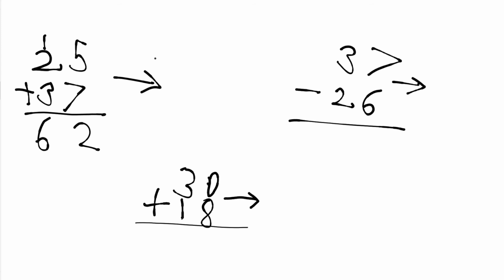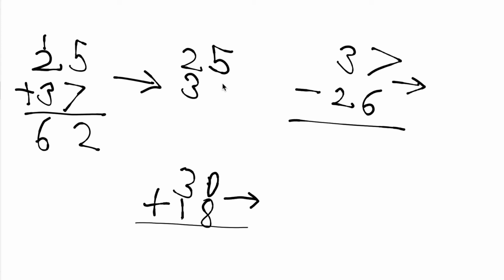So now we're going to do this. So let's turn into compatible numbers. So this is 25, since it has 5 in the end. We can just put 25 like this. And now plus 37. The closest number to 37 is 35.